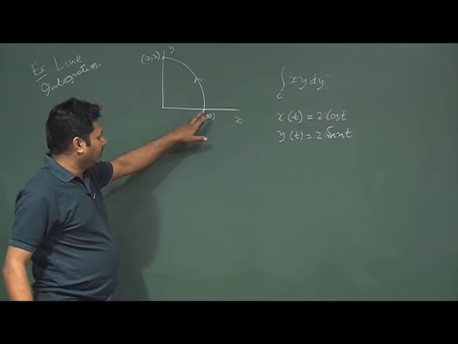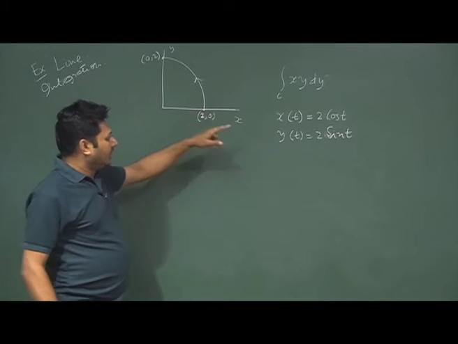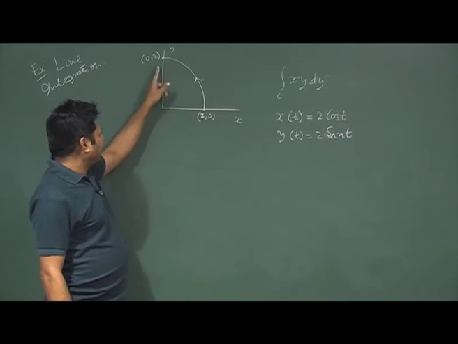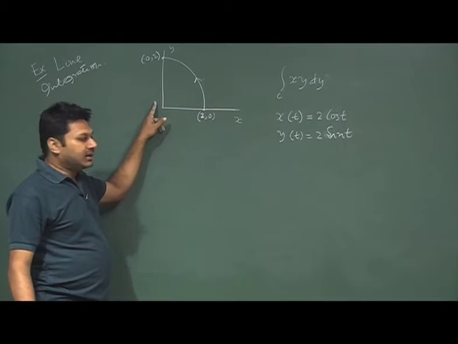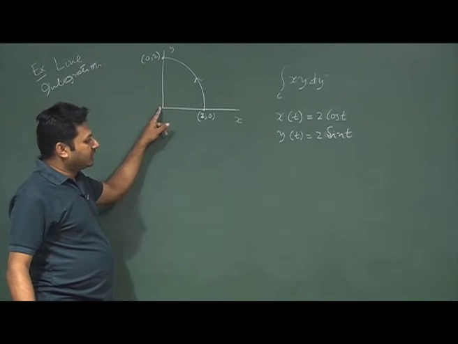That means t is behaving like a theta here. When t is 0, then x is 2 and y is 0. When it is 90 degrees, if t is behaving like a theta, then x will be 0 and y will be 2.